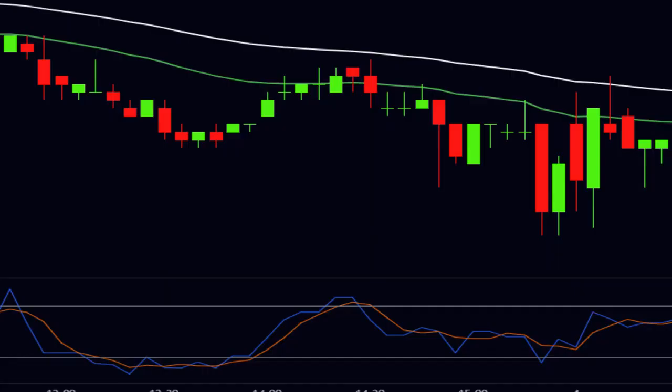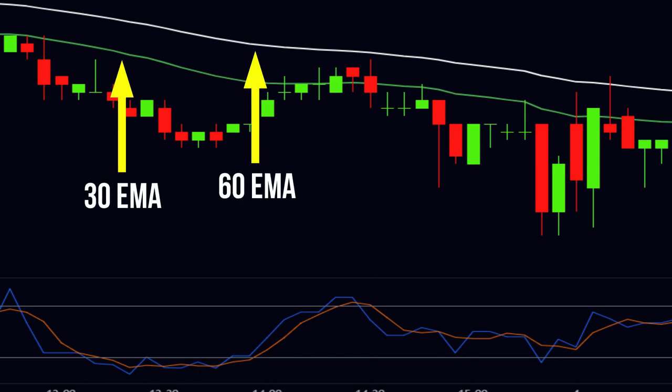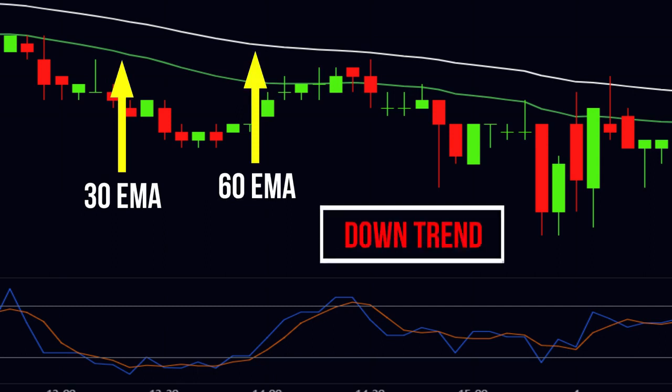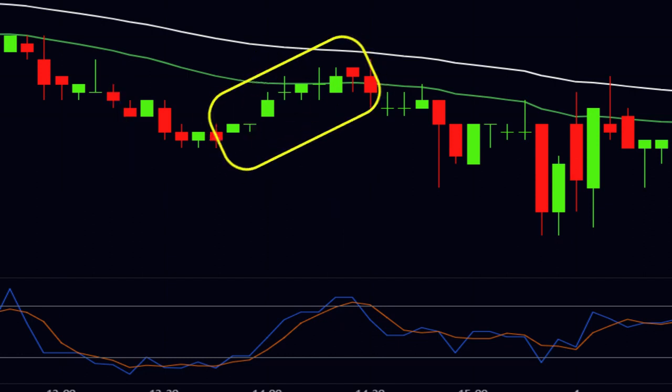Let us take an example. Here the 30 EMA line is below the 60 EMA line, so the price is in the downtrend. And you can see here a small pullback, and the price is taking resistance between the 30 EMA and 60 EMA. Now for the accurate entry, just find at which point the bearish crossover occurs.